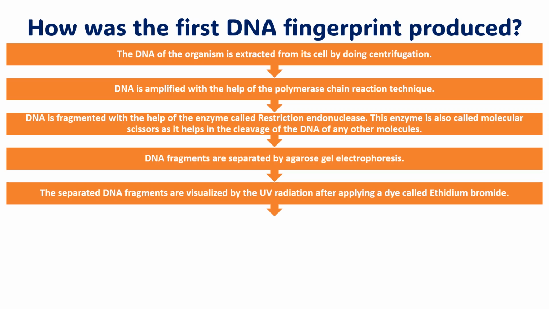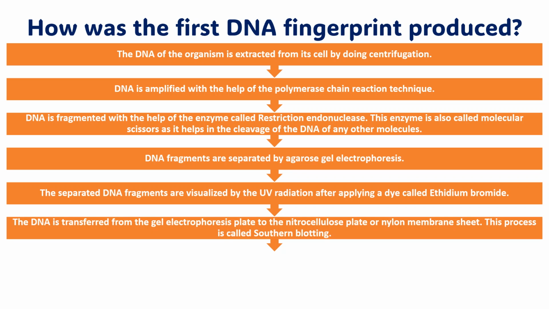Then the separated DNA fragments are visualized under UV radiation by applying a dye called ethidium bromide. Normally, this ethidium bromide dye intercalates between the nucleotide strands, so by using it we can visualize the DNA sequences. Now, the DNA is transferred from the gel electrophoresis plate to a nitrocellulose membrane or nylon membrane sheet. This is called Southern blotting.